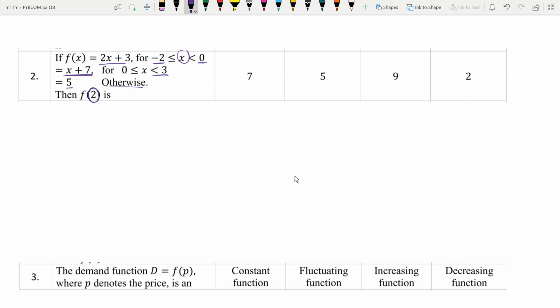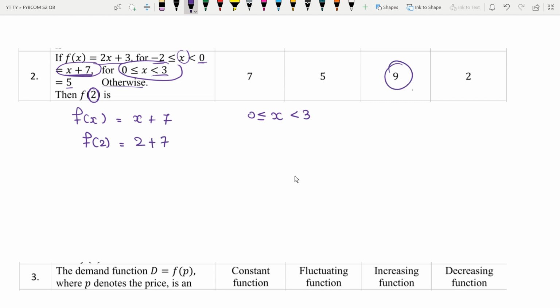So my x is between 0 and 3, so this definition would be used. So f of x is equal to x plus 7. Since I want to find f of 2, in the place of x I will use 2. So the answer is 9. Right? So this is the correct answer. Let's go for the third.